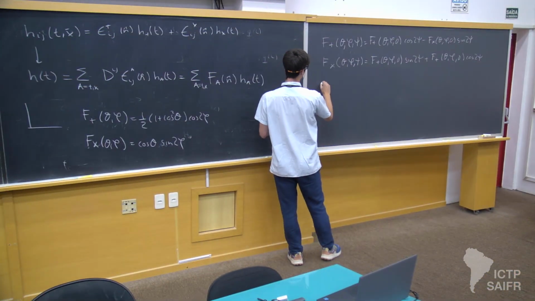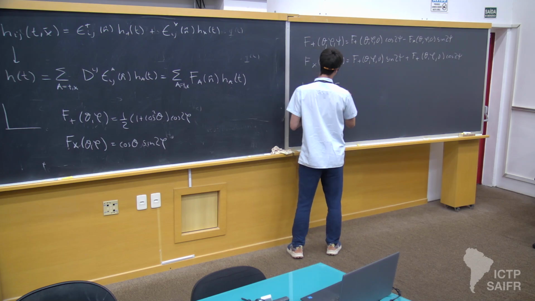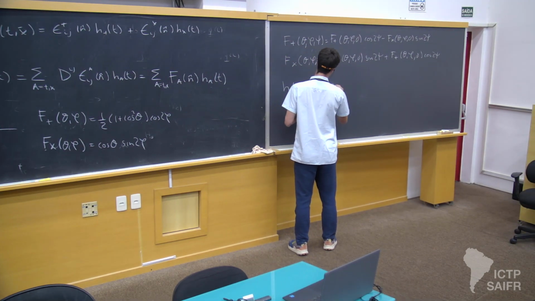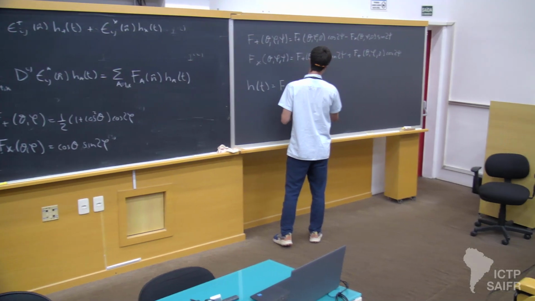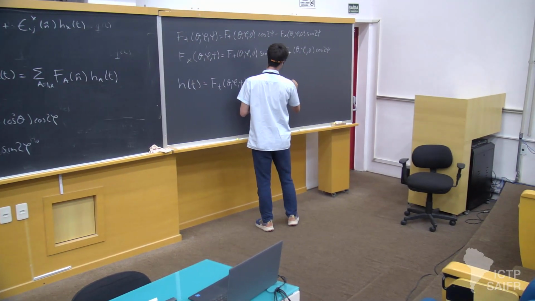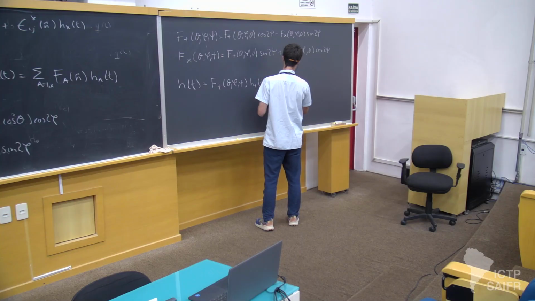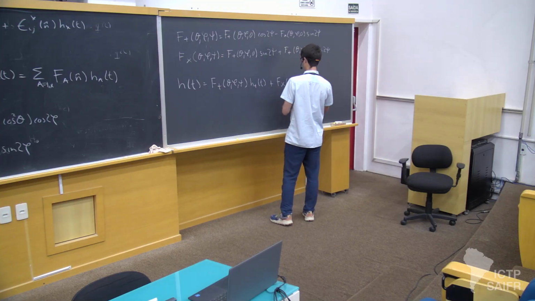What you're going to get in your detector is this F plus, a function of theta, phi, psi, times h plus of t, and then you have F cross of theta, phi, psi, times h cross of t.